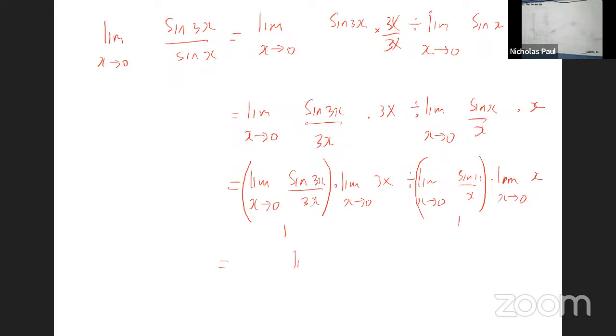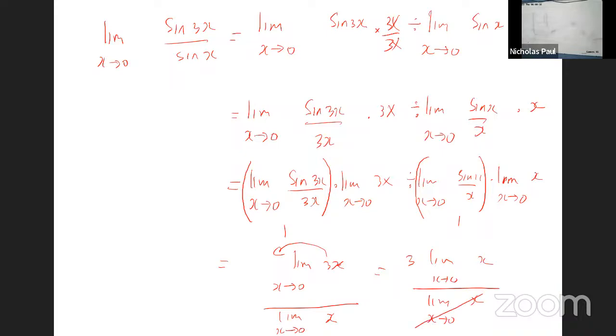So you'll end up with the limit of 3x as x approaches 0, divided by the limit as x approaches 0 of x. We could take the 3 and factor it out. So you'll get the 3 by the limit as x approaches 0 of x, by the limit as x approaches 0 of x. And this will cancel. And you'll get 3. Right? 10 years down the road, and we get 3.